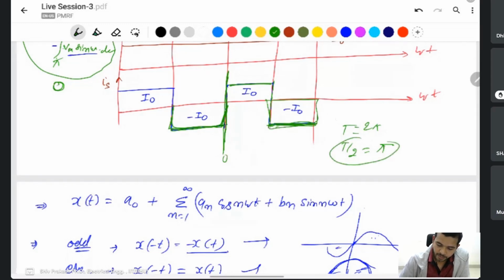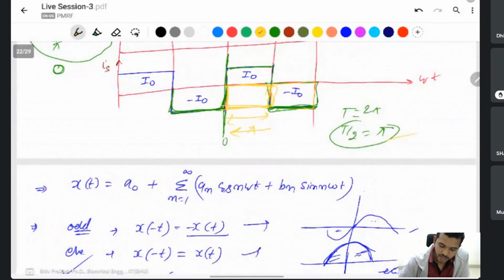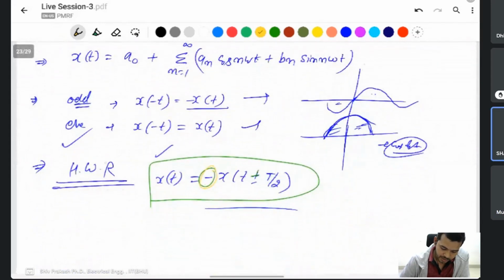If you shift it by the pi angle, the waveform is shifted here. After that, you apply a negative, and then this waveform is the same as the original waveform.